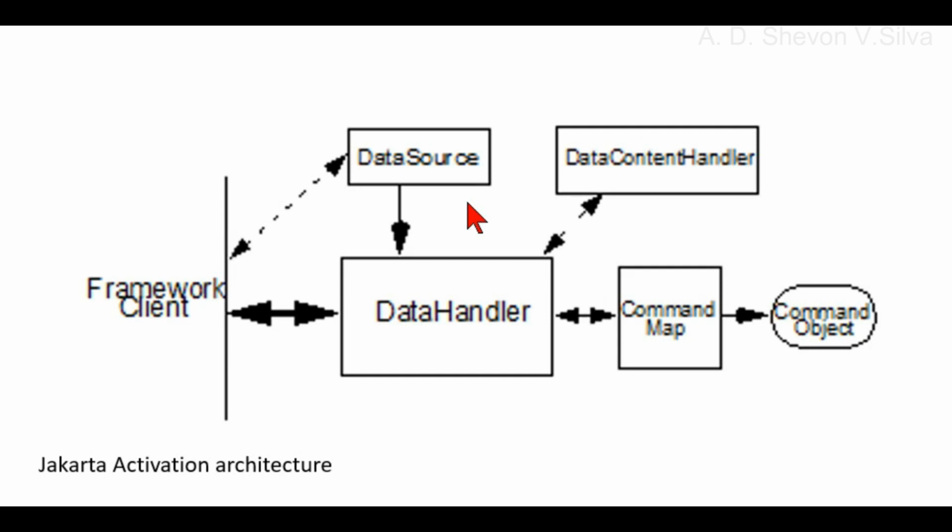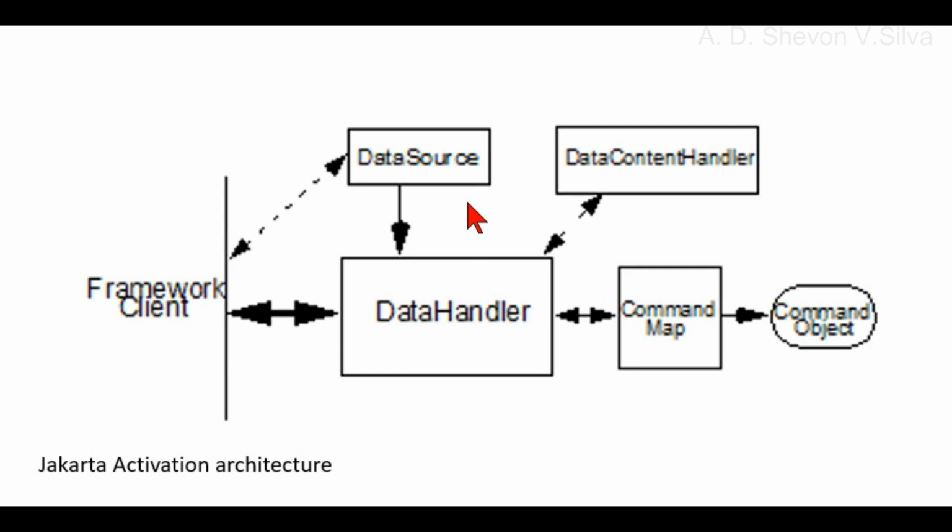Jakarta Activation provides a simple default solution based on RFC 1524, mailcap-like functionality. The command object interface: beans extend the command object interface in order to interact with activation services.